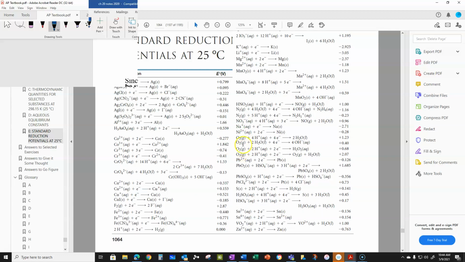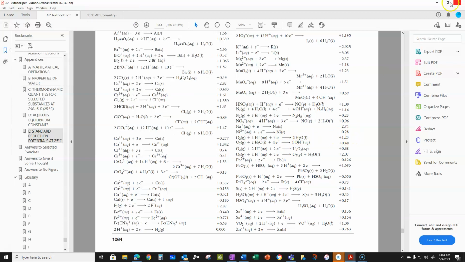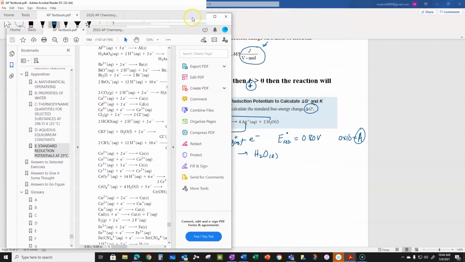I see 3 equations with O2, and I want the one with H plus, so it could be this one, the 2H plus, or the 4H plus. But this one forms hydrogen peroxide. I'm not trying to find hydrogen peroxide. I'm trying to form water. This is my half reaction that I want: O2 plus 4H plus, 4 electrons, gives me 2 waters. Let me put this to the side so I can write it down.